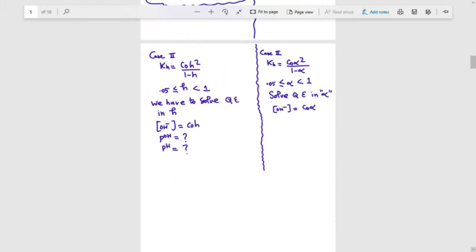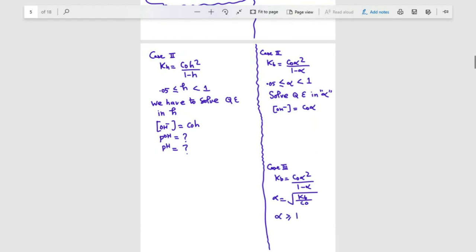There may be a possibility, case 3, that you are writing Kb is equal to C naught alpha square upon 1 minus alpha, and you have calculated the value of alpha, where alpha is equal to under root Kb upon C naught. You are using this formula to calculate, and you are getting alpha greater than or equal to 1.